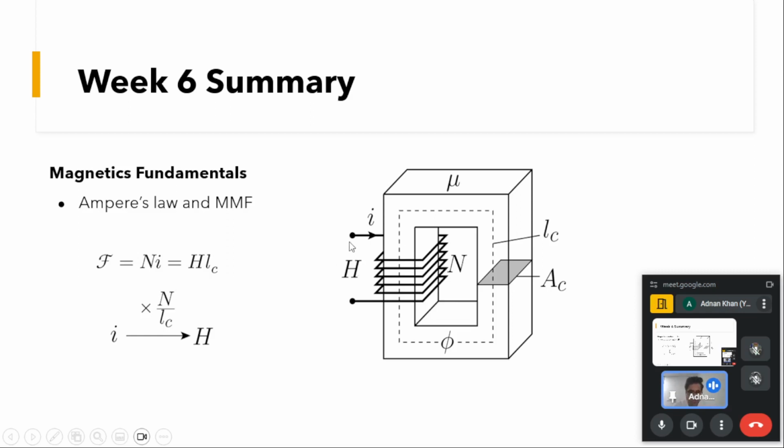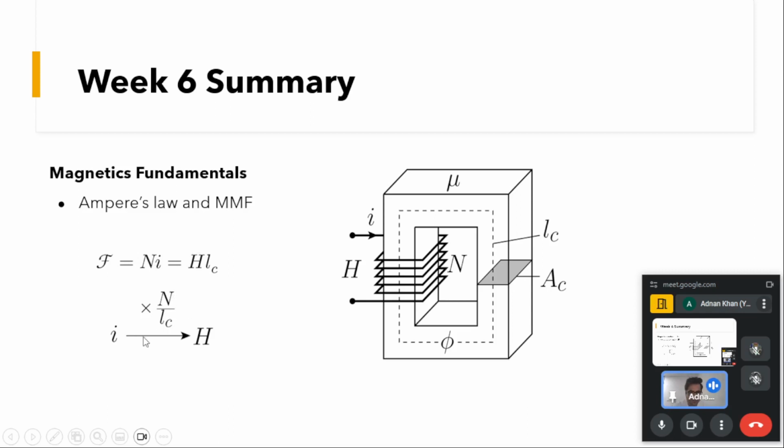So if you have a current carrying conductor wound around a core, a flux is generated that will flow through the core, which has a permeability of mu, a core mean length of Lc, and a cross section of Ac. The mmf generated will be equal to Ni, which equals H into Lc. This comes from Ampere's law.